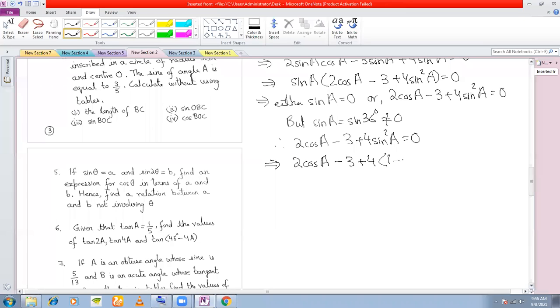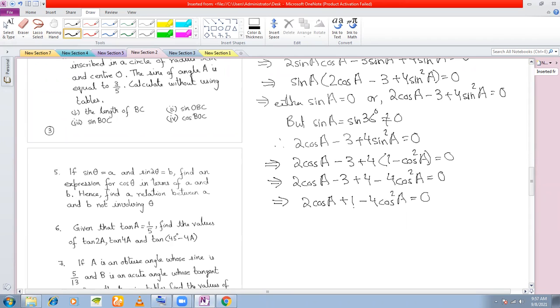We change sine square A to cos square A, just as we were doing earlier to get a quadratic in cos A. So you'll get here 2 cos A plus 1 minus 4 cos square A. So now you can rewrite this in the quadratic form. 4 cos square A minus 2 cos A minus 1 is equal to 0.